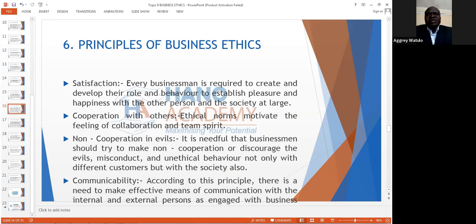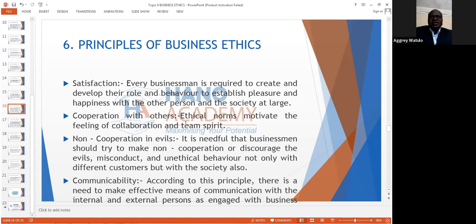So create an environment that establishes pleasure and happiness with other people in society at large. So create an environment whereby people get pleasure, they are happy with others in society at large.